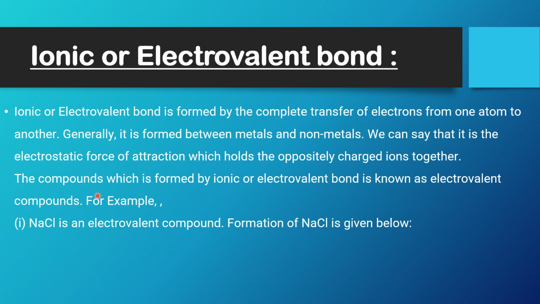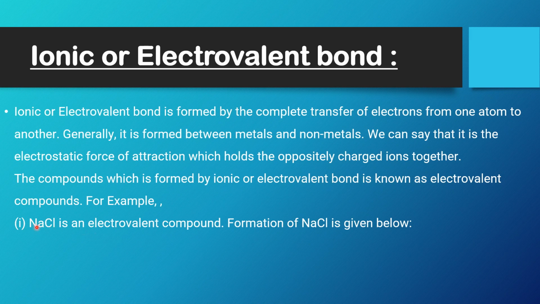The compounds formed by an ionic or electrovalent bond are called electrovalent compounds. So in the formation of an ionic or electrovalent bond, the metal and non-metal are connected by the electrostatic force of attraction, and then that compound is said to be an electrovalent compound. For example, NaCl is an electrovalent compound.